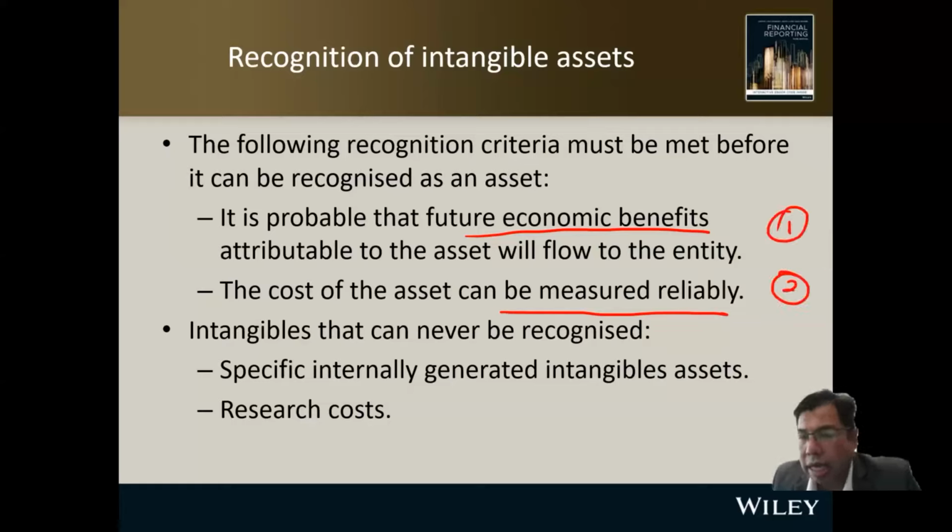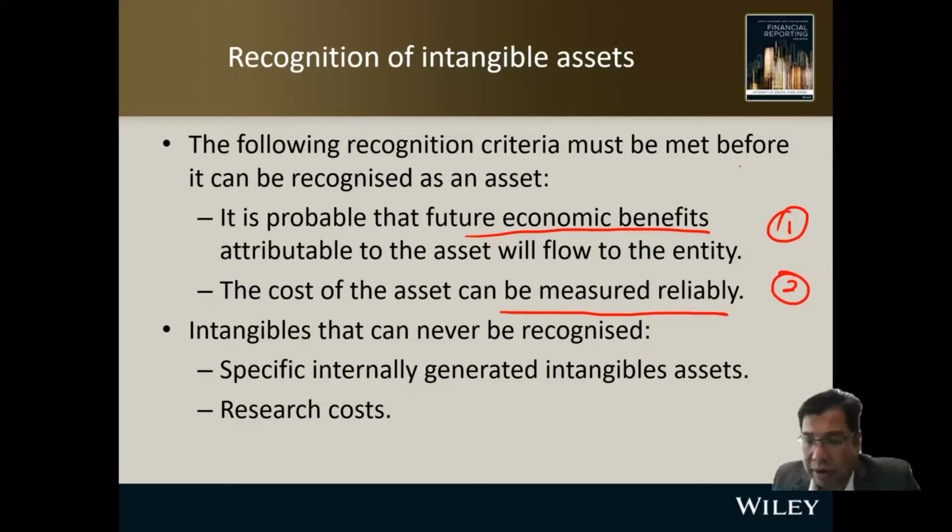Okay. Intangible asset can sometimes not be recognized, specifically internally generated intangible assets. In many instances, companies are involved in research and development activity, whereby under the accounting standard it says research costs cannot be included as an intangible asset. It should be expensed off.